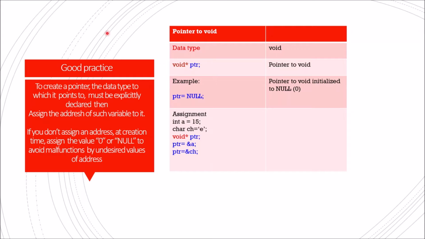Okay, now I'll tell you a good practice to follow when using pointers. When you don't assign an address to your pointer in the very beginning, because you don't know it, or you still have to wait some time or other processes in your program to tell you what the address is, the best practice is to initialize the pointer to null or zero, which means that it will be interpreted as not pointing to anything.